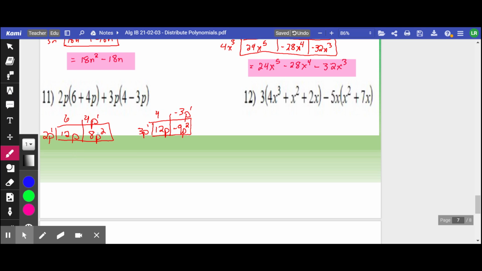And now we need to check our like terms. So my p squareds, I have 8p squared and negative 9p squared. So I have those two. Then I have 12p plus 12p. I'm adding now, so I do not need to mess with the exponents. It's going to give me negative 1p squared plus 24p.